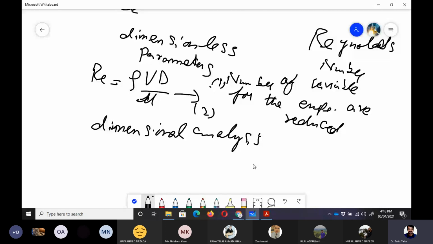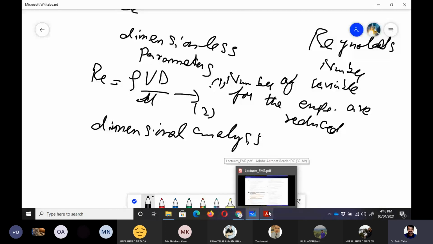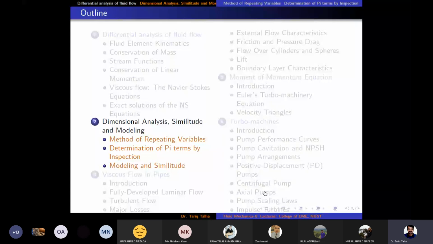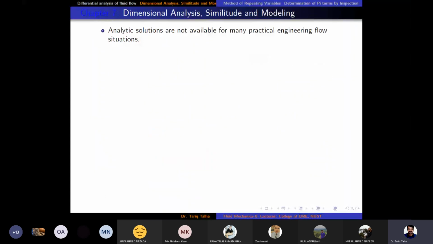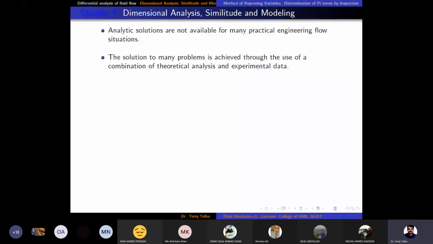I have given you an overview, but as we go through the slides, all these things will be clear to you. So let's go through a few slides. As I mentioned in the beginning, we need experiments because analytic solutions are not available for many practical engineering situations. So the solution to many problems is achieved through a combination of theoretical analysis and experimental evaluation.